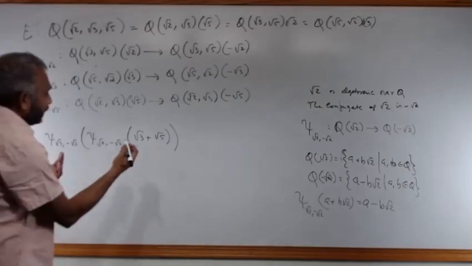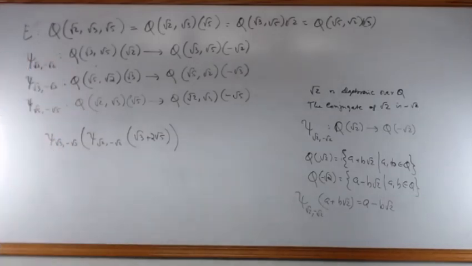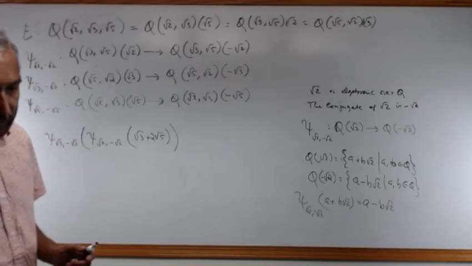Or probably you can say 2 root 5 to make it a little bit more complex. So how do you define it?